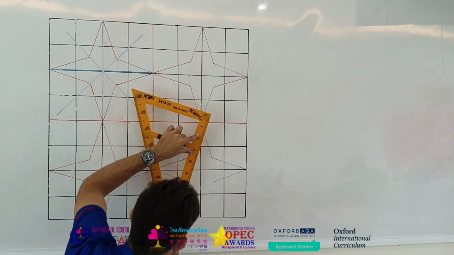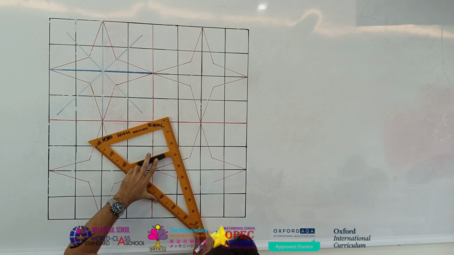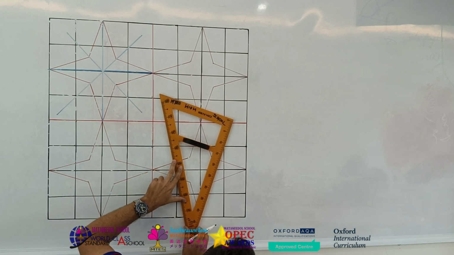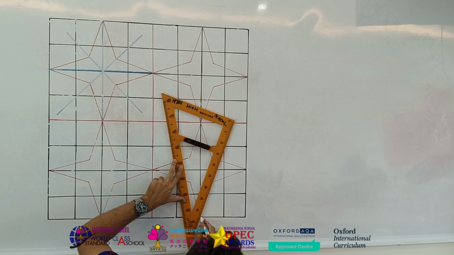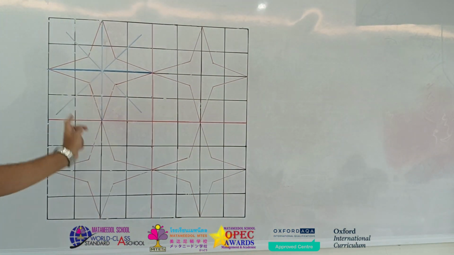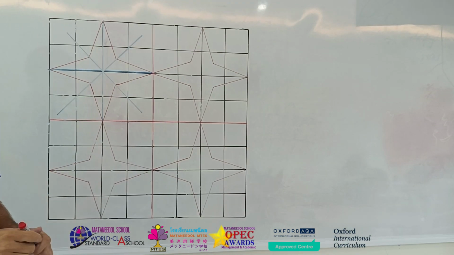And our last two lines. Alright, there we have it. Redrawn in all quadrants, perfectly symmetrical, showing lines of symmetry as well.